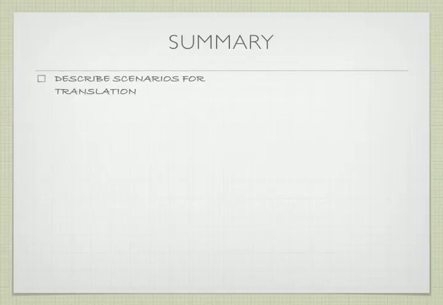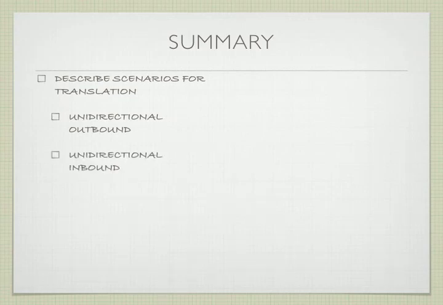So reviewing address translation, at the conclusion of this session, you should be able to describe the scenarios that you would use for policy-based NAT translation, which are the unidirectional outbound, unidirectional inbound, or you can configure policies both to translate in both directions and even in the same policy.